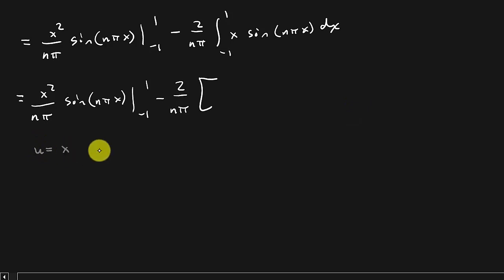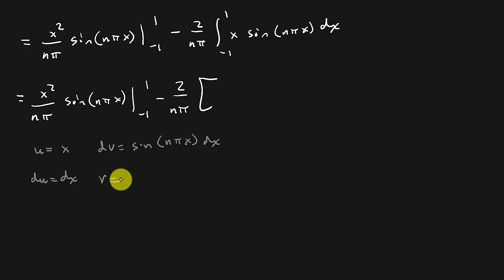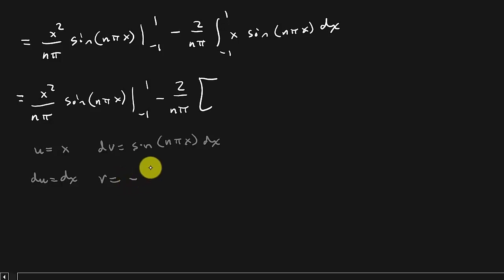Let u equal x. dv is going to be sine of n pi x dx. du is dx, and v. All right. So what's v? Well, what's the antiderivative of sine? It's negative cosine. So that's -1 over n pi cosine n pi x.